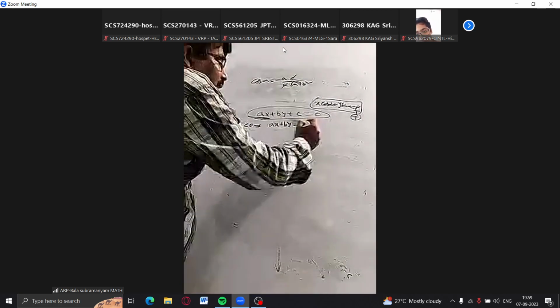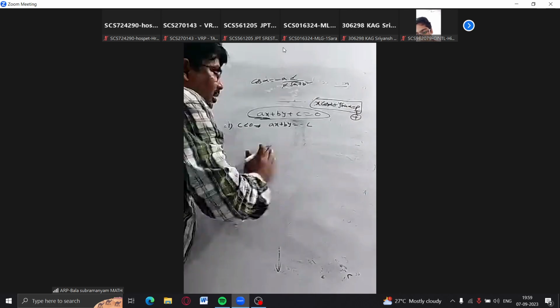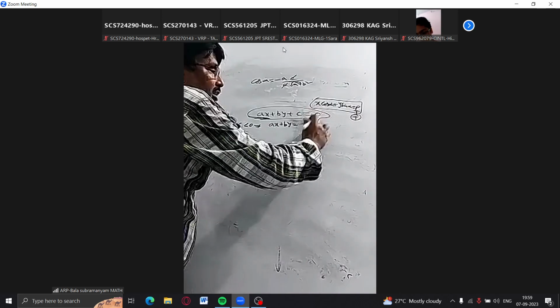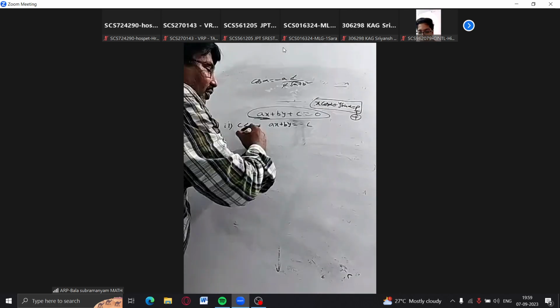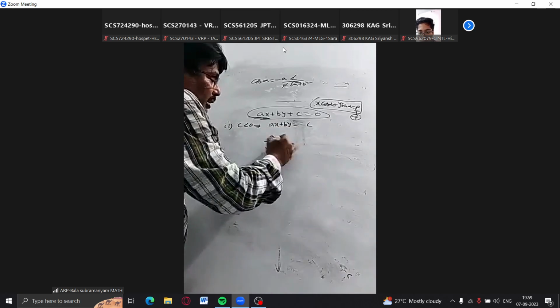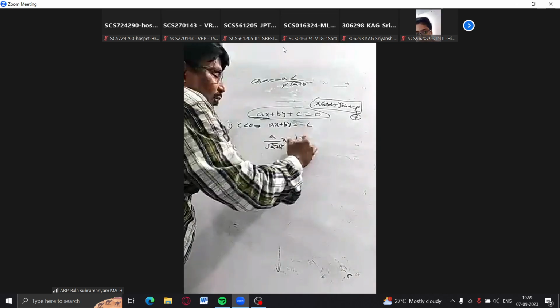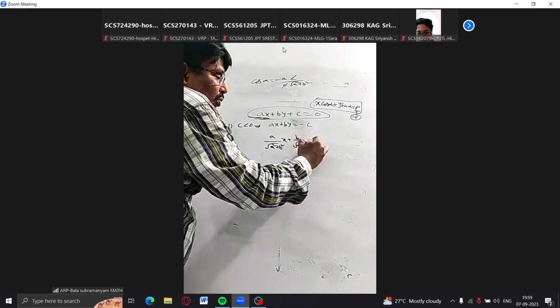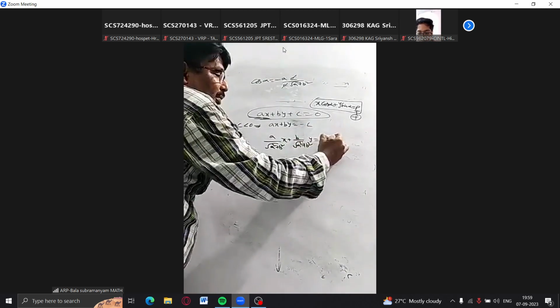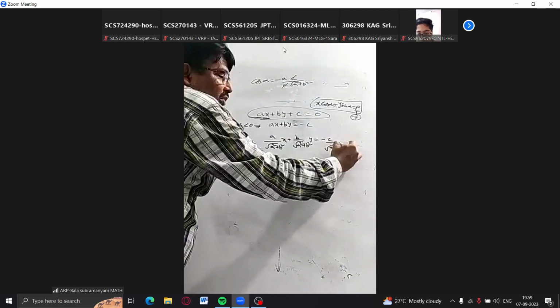So there is no change here. The RHS is positive, so now divide by root of A square plus B square: A by root of A square plus B square into x plus B by root of A square plus B square into y is equal to minus C by root of A square plus B square.